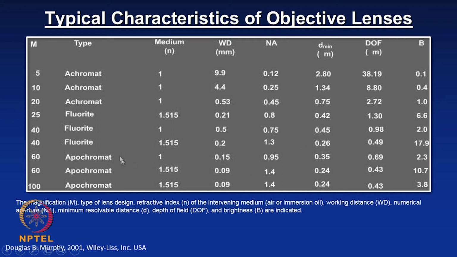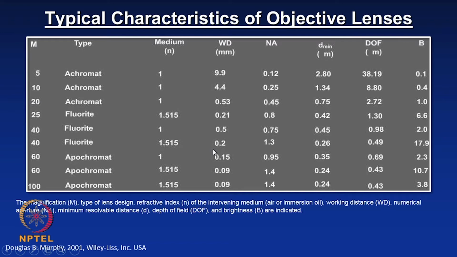So it gives you a broad idea about what kind of corrections we can make, and then probably I will just show you some of the correction which is made on a blackboard.